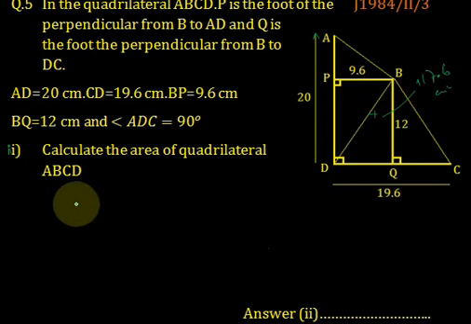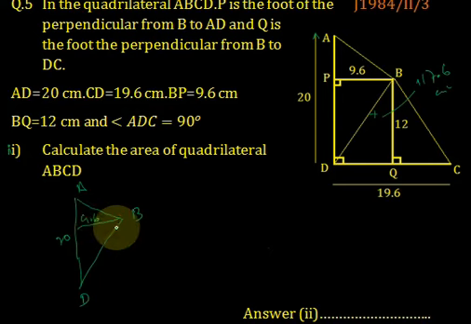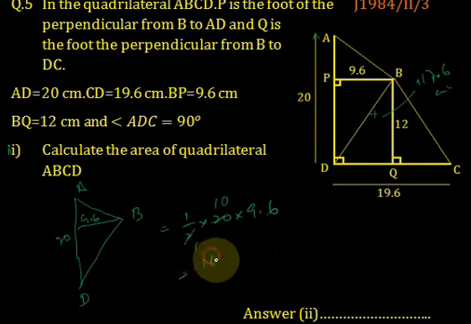The area of ABD: the base is 20 and the height is 9.6, so the area is 1/2 multiplied by 20 multiplied by 9.6. Dividing by 2, it is 10 multiplied by 9.6, so it becomes 96 centimeter square.